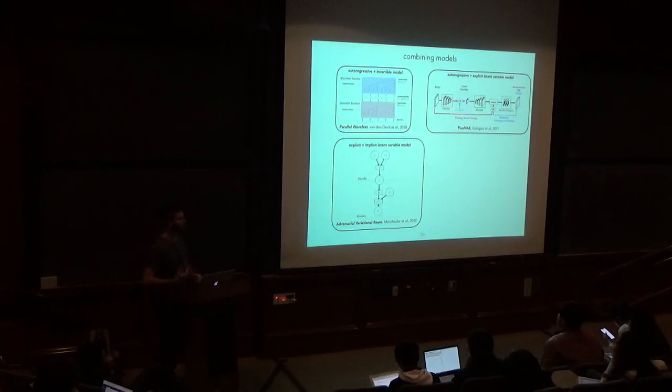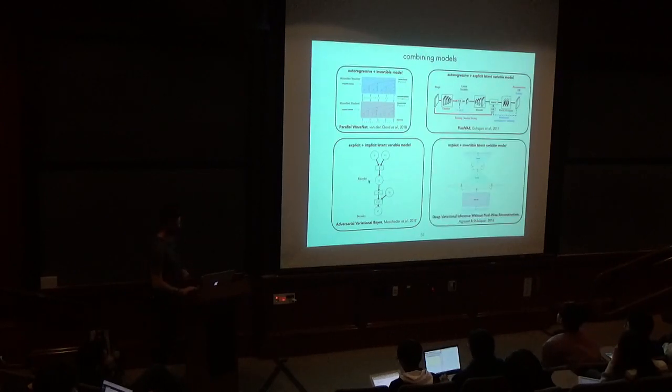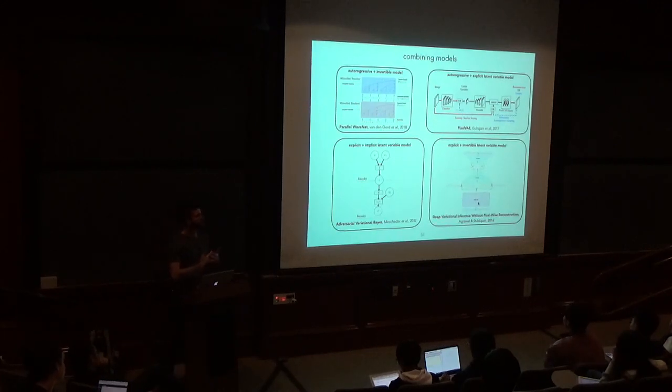Likewise, you can combine these implicit models with explicit latent variable models, where your implicit model is actually forming the distribution in the latent space and allowing you to come up with a more complicated posterior distribution. And another thing people have tried is having these explicit latent variable models with these invertible models down here as well. So you can generate into a simpler space, but then evaluate your data in that space as well.